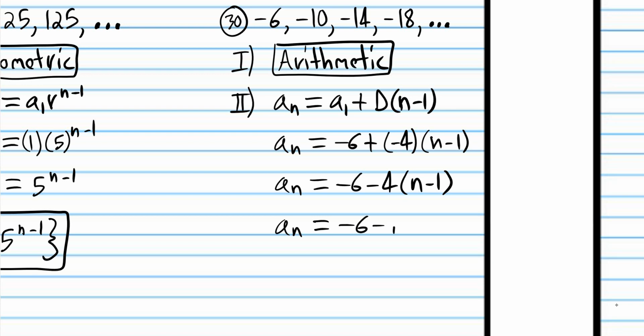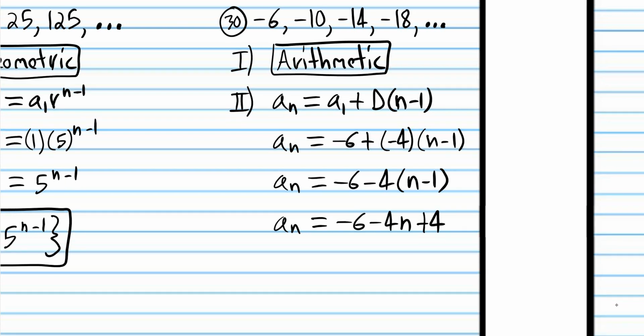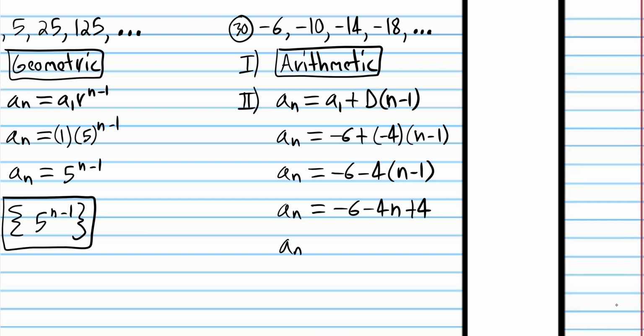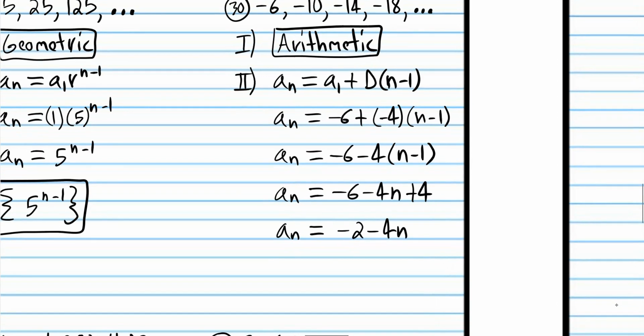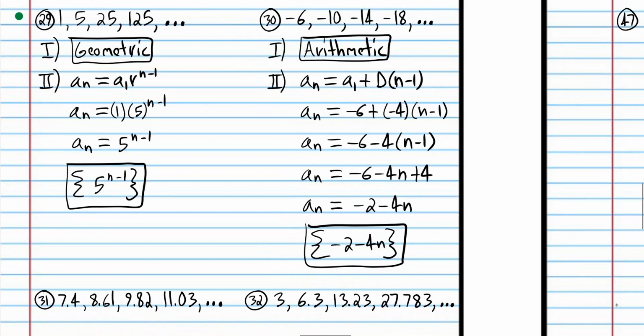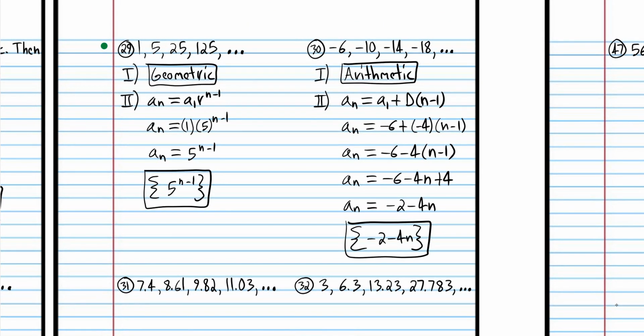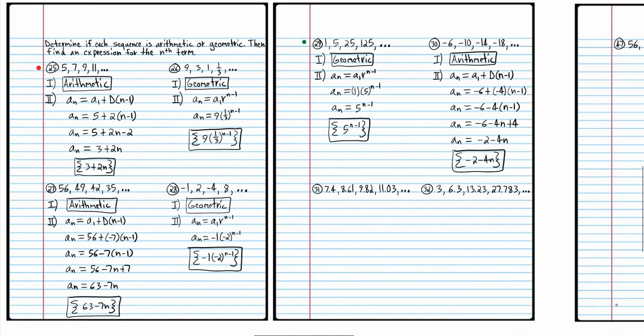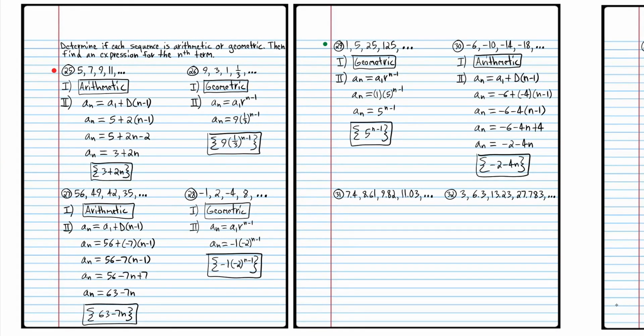So we're going to use distribution. And so the nth term is equal to -2 minus 4n. And so we can use braces to write our final answer. So if you got that right, excellent. Okay, go ahead and try number 31, and when we come back, we'll do it together.